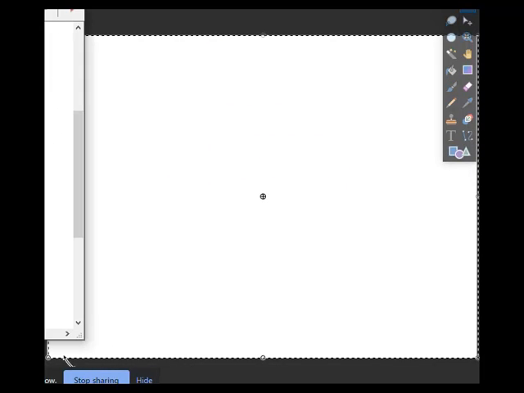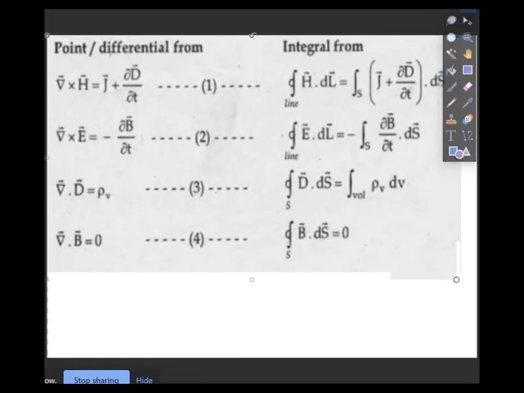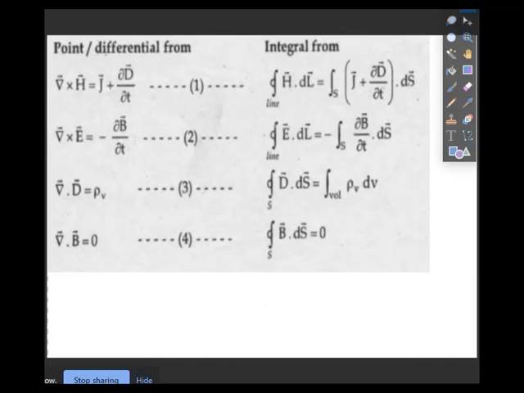this is the collective form of Maxwell's equations for time varying fields. So we can see that the third and fourth equations are unchanged, untouched. The first and second equations are changed.